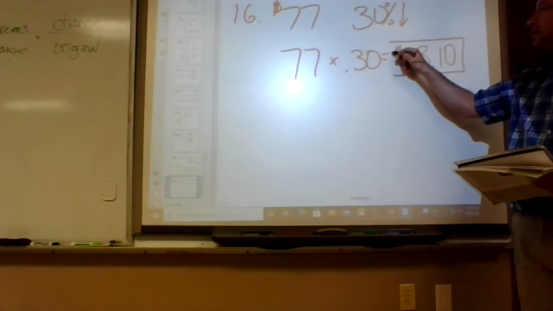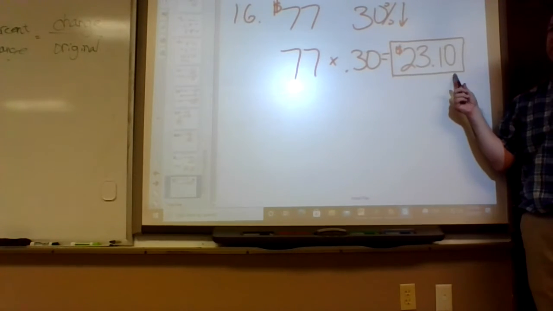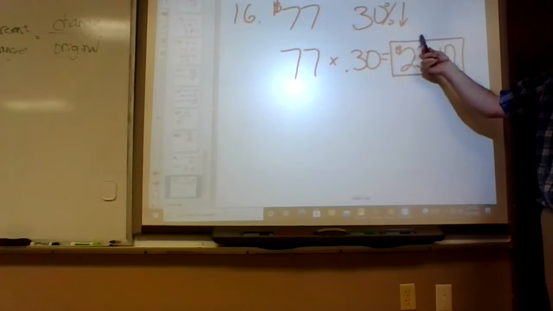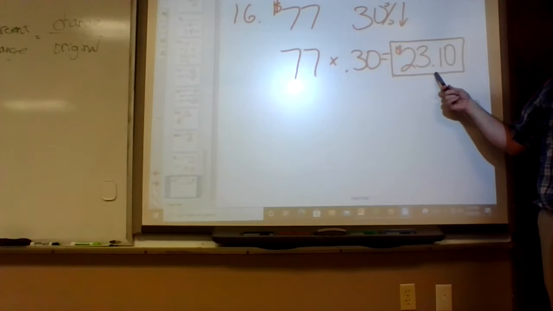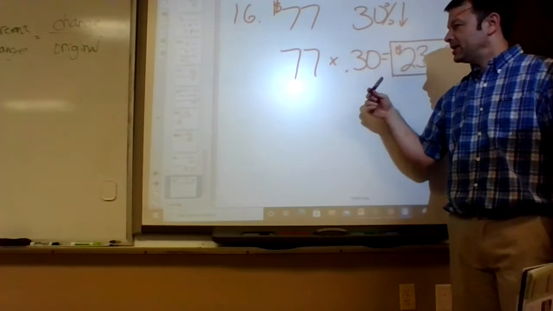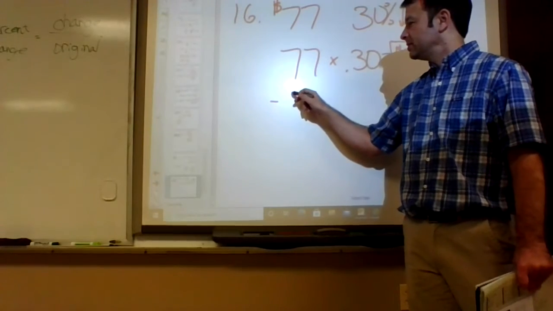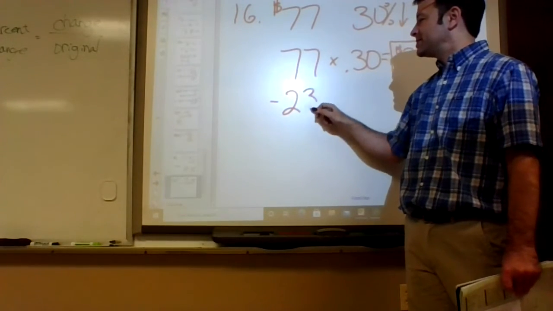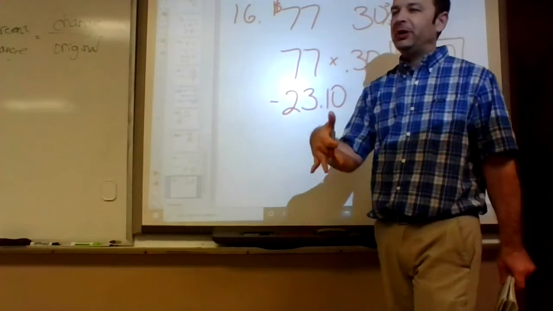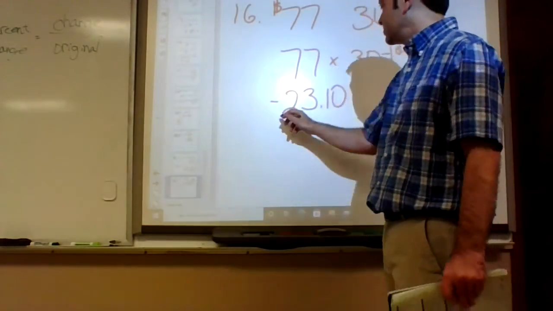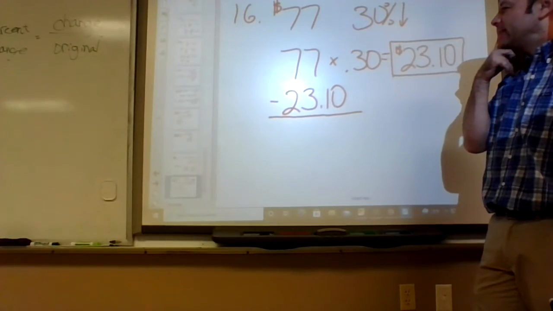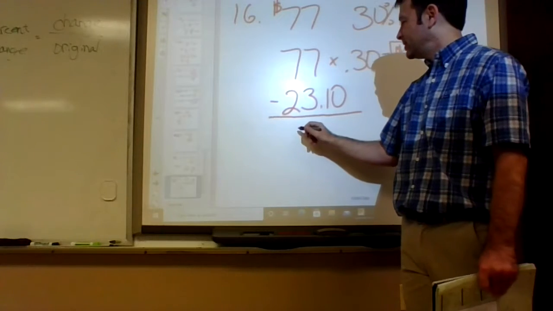It went down. That's called the discount. That's like how much money you're gonna save. This is how much the price is gonna drop. $23.10. So, guess what we need to say next? $23. What's the final? They call it the sale price because when something's on sale, you're paying less for it, right? So this is called the sale price. What does that come out to? $53.90.